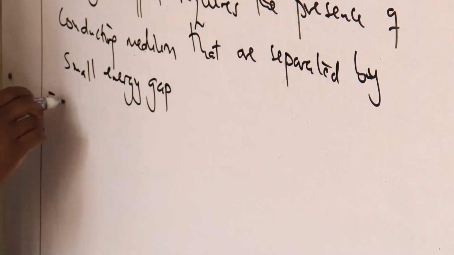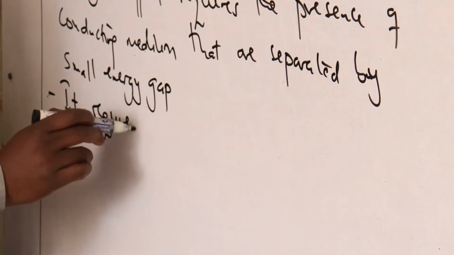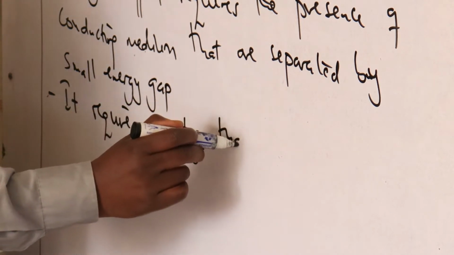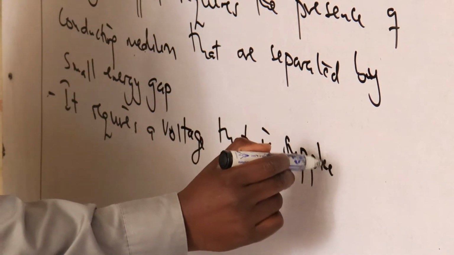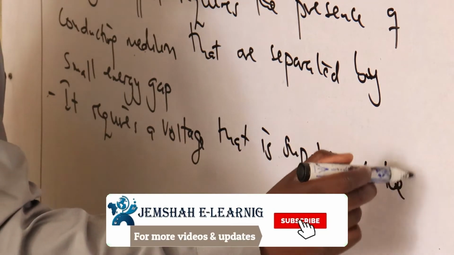It also requires a voltage that is supplied at the bias feed.